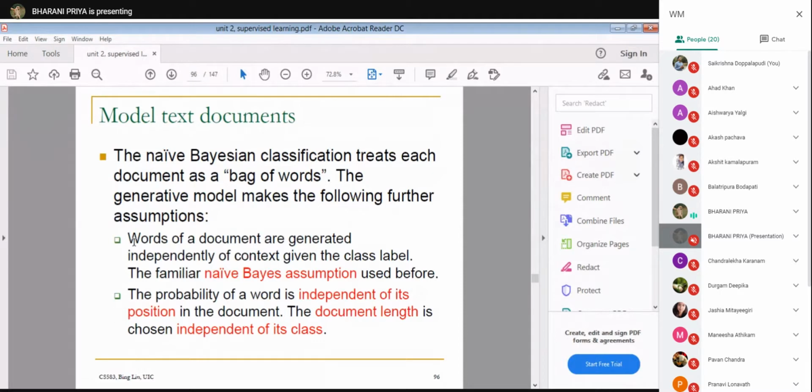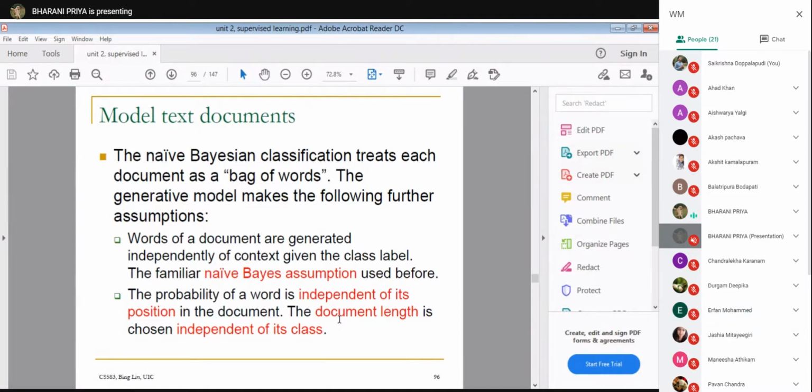In the previous session, what was our assumption? The attributes are independent of each other. And here we are assuming that the words in the document are independent of context given the class labels. See, say our class label is data mining, and I am taking a document. I am not retrieving only the words relevant to the class label data mining.